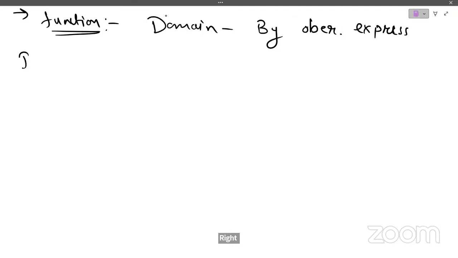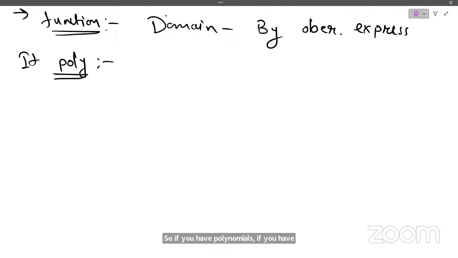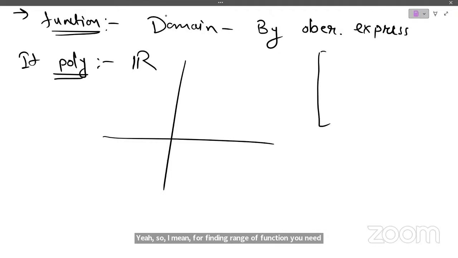So if you have polynomials, then you know what is the range of the function. It always will be the real numbers, right? Yes, ma'am. So for finding the range of a function, you need a lot more things. For example, if the graph is given to you, then it is easy to find, right?